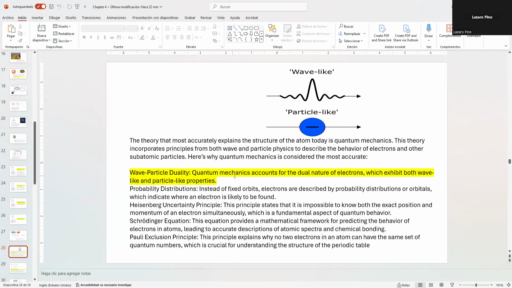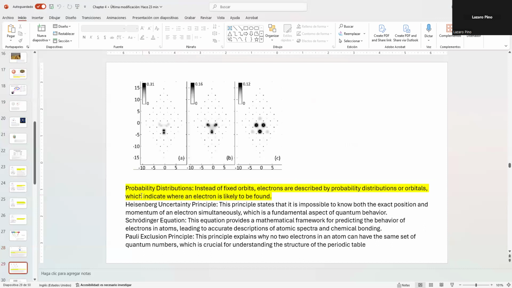and then quantum mechanics explained this behavior correctly. They say that particles have a dual behavior. They can be either a particle or a wave. Also we have seen that the probability distributions are not exactly fixed orbits around the nucleus.